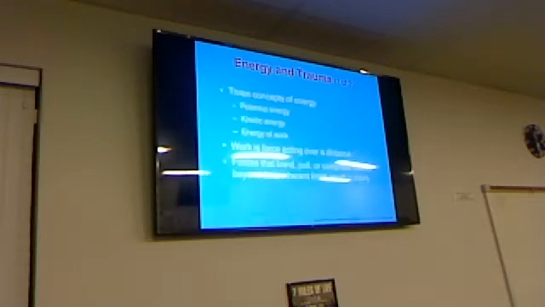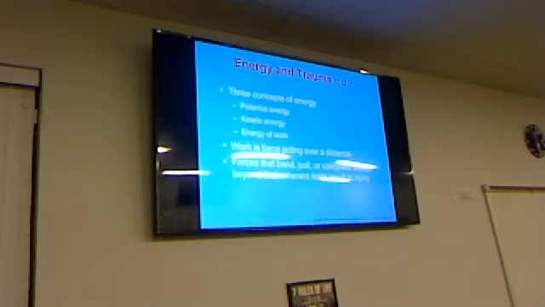All right, so your three concepts of energy: potential energy, kinetic energy, and energy of work. Work is defined as force acting over a distance. All of this has to be thought about. You go back to physics and how energy works. It's just those simple physics. What is the potential here? You look at rate of speed.